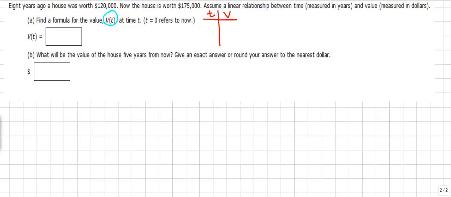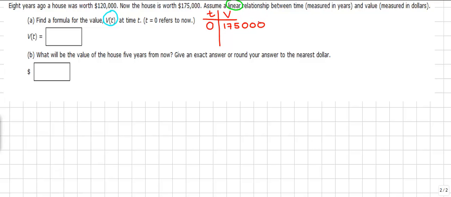So I need to identify at least two ordered pairs because we're told in the problem we want a linear relationship. That means we're looking for the equation of a line. Since I know that time 0 refers to now, at time 0 the value of the house is $175,000.